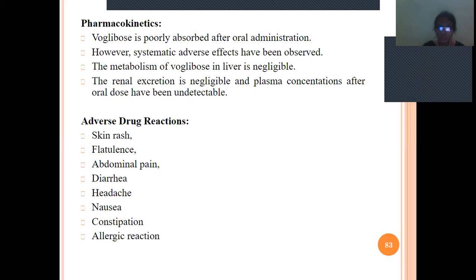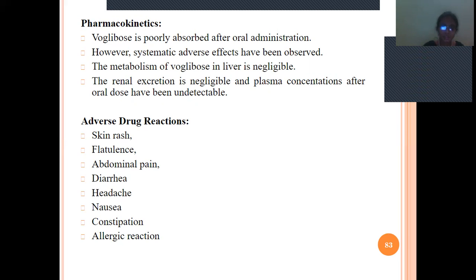The renal excretion is also negligible, and plasma concentration of the oral dose has been undetectable. So it has poor oral absorption, but if taken systemically it has adverse drug effects, and metabolism and excretion are negligible.